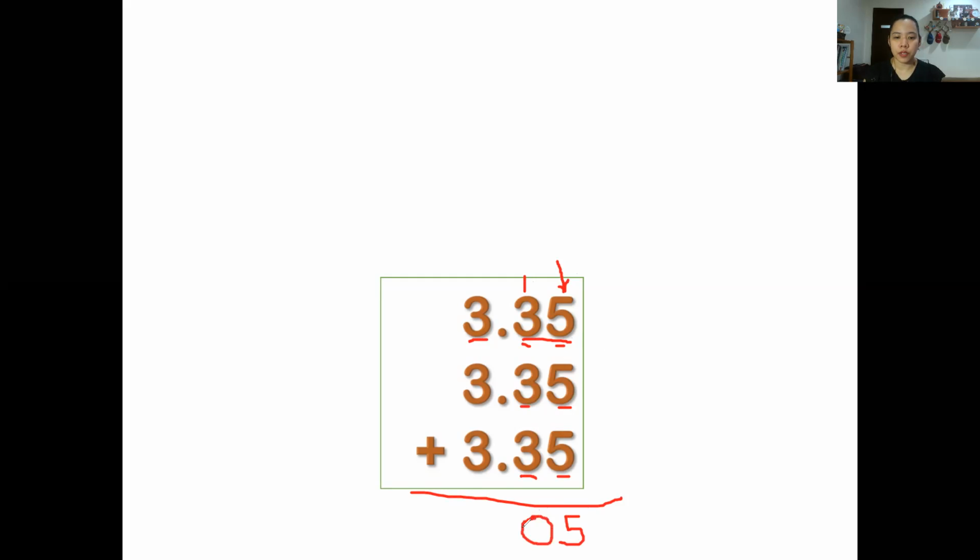So you put the 0 and carry 1 right there because it's 10. So it is $10.05. If you are going to add the amount of money in dollars and in cents, let me check if the answer is correct.